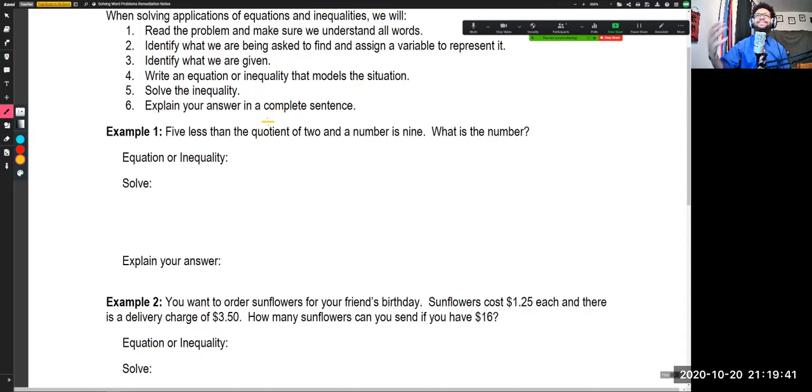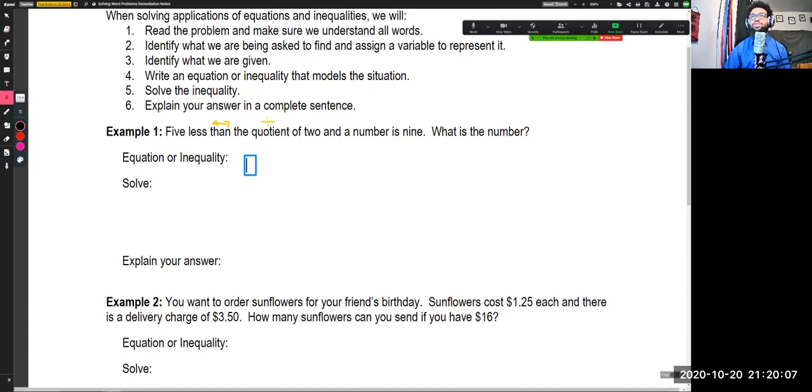Instead of using that less than sign, this tells us that this is going to be a minus sign. And then that than tells us that this than here is a switch word, not a, it's not telling us that it's going to be the less than sign. It's telling us that the order of these is going to be switched. So 5 shows up first in the words, but when we write it out in an equation or an inequality, 5 is going to come second.